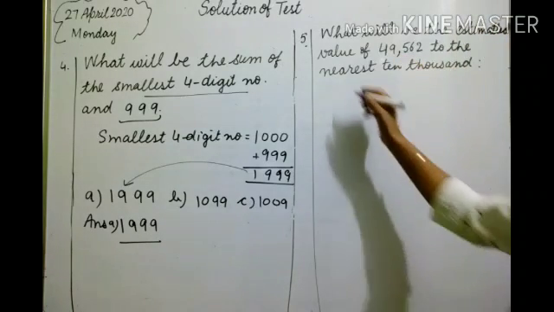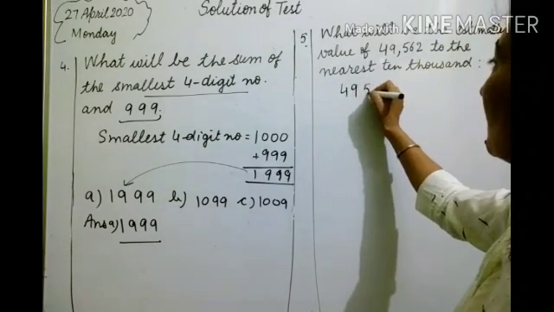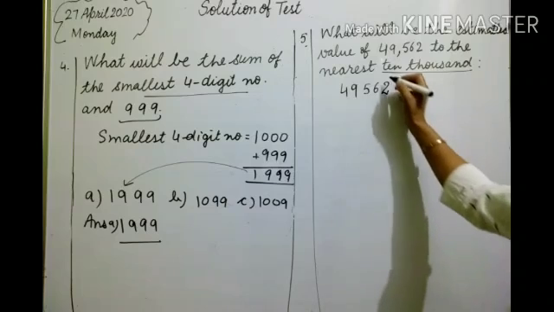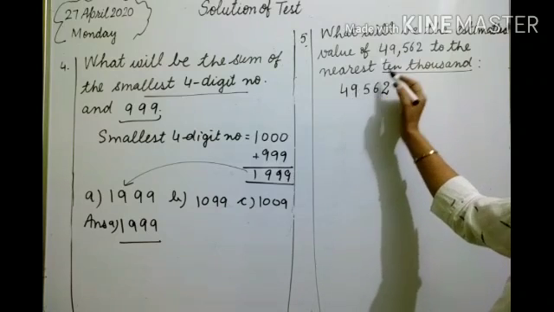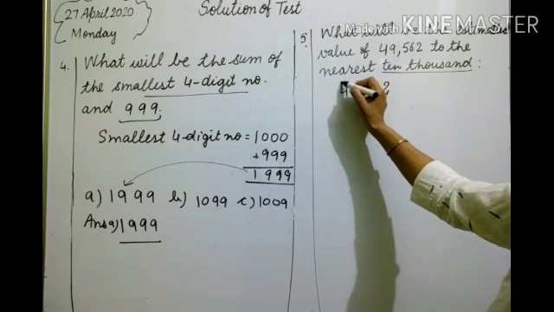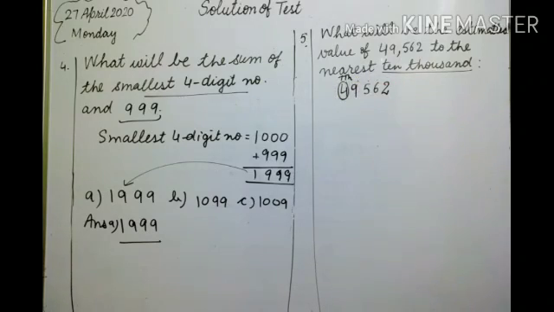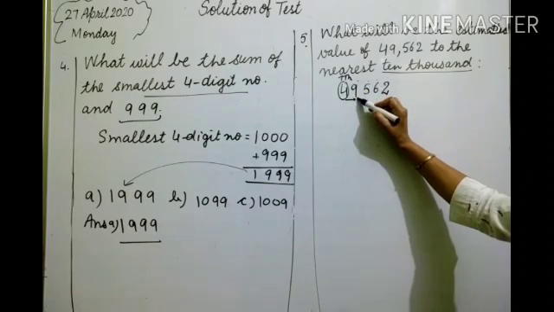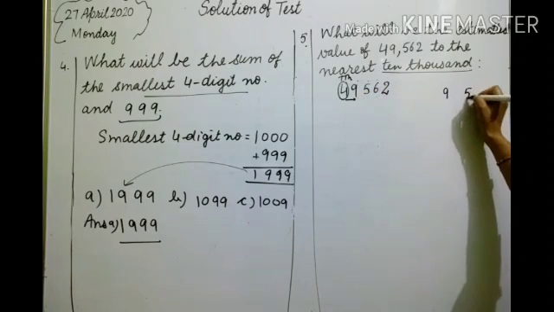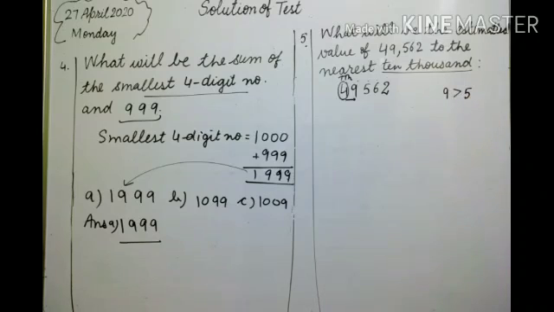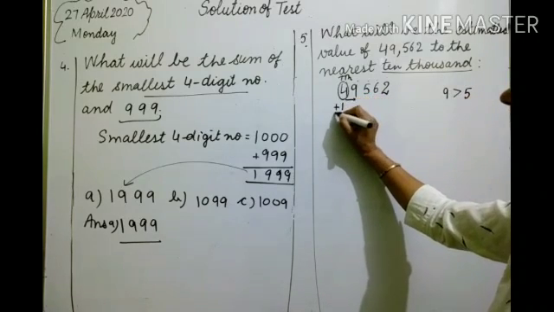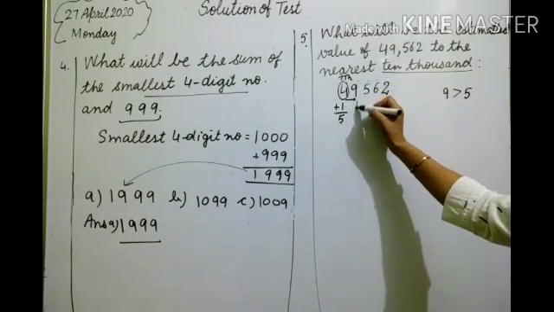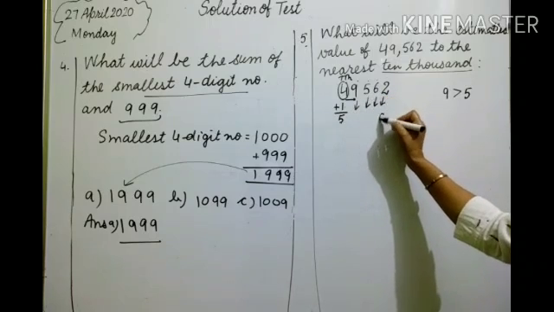First, we will write the number 49,562, as we are asked to round off to the nearest 10,000. So the 10,000 place digit we will circle. Ones, tens, hundreds, thousands, ten thousands place digit, that is 4. Now put an arrow to the right digit. The digit to the right of the circled digit is 9. Compare with 5: as 9 is greater than 5, we will add 1 to the circled digit. 4 plus 1 will be 5, and the other digits will turn to 0.